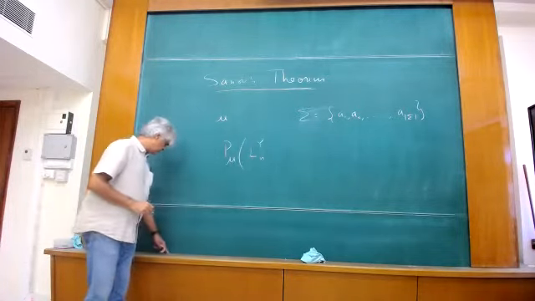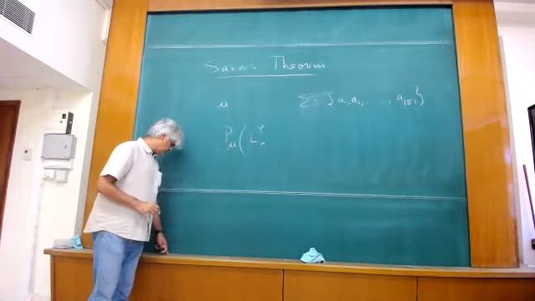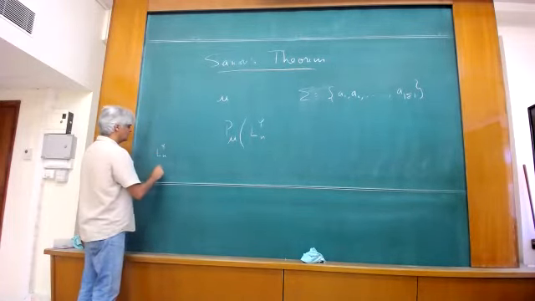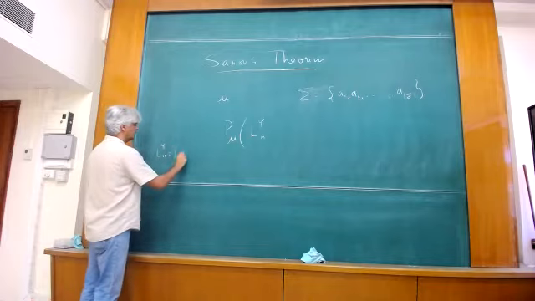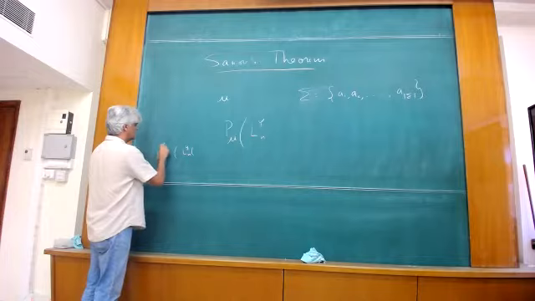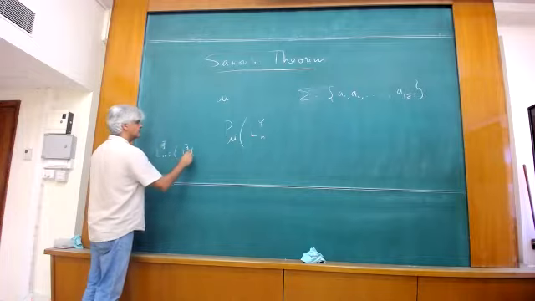So what does L_n(y) mean? L_n(y) is going to be a collection of L_n(y)_i. Let's make it a vector.